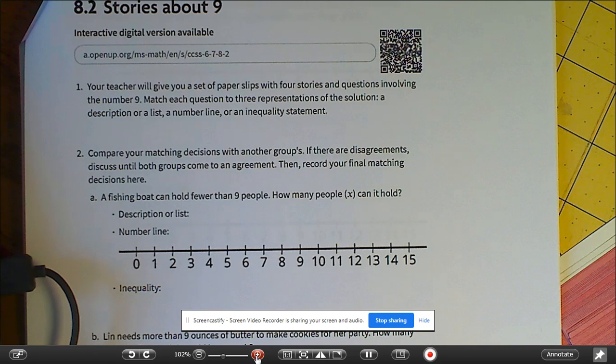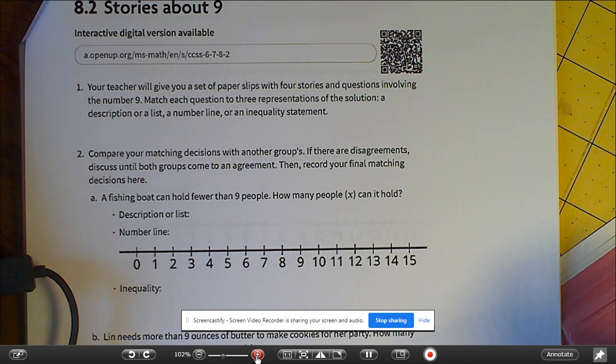Okay, so A says a fishing boat can hold fewer than 9 people. How many people can it hold? So that means it can hold less than 9 people, right? So not including 9.